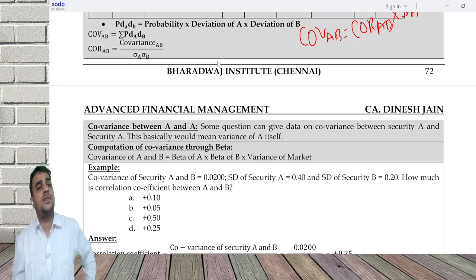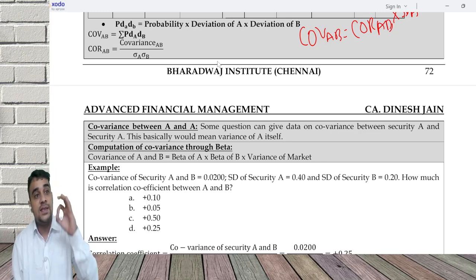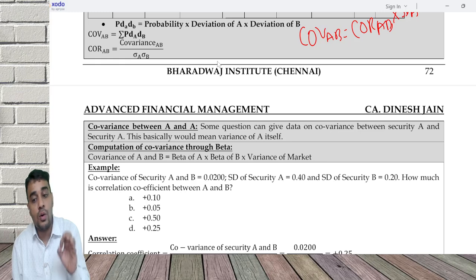Now, some question will say, find out the covariance between security A and security A. What? Find the covariance between my security and my security itself. There is a question which came in exam like this. Covariance between security A and security A is nothing but the variance of security A. Covariance can also be calculated using beta.